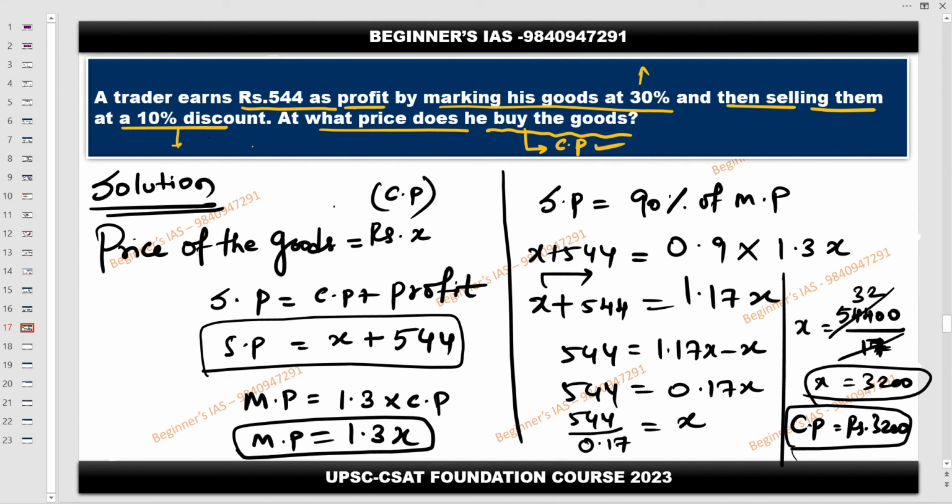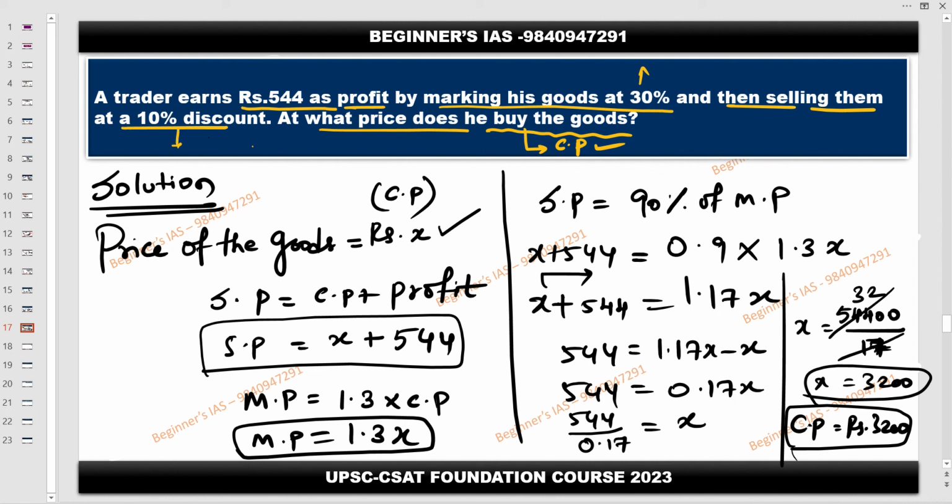Yes, sir. Ismail, pay attention to the screen. If you miss the screen, you won't understand. Watch the screen. So now they are asking you to find out the price of the goods. I don't know the price of the goods, so take it as x. Here a trader earns rupees 544, so this is the profit provided.